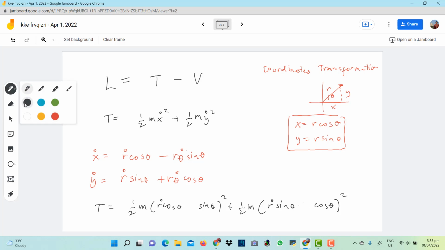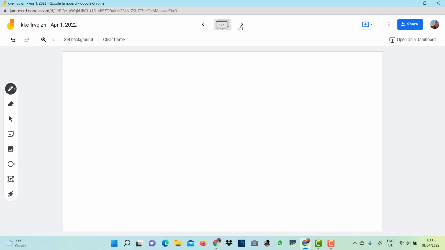Minus this one, r theta dot, and here it is plus r theta dot. If I simplify this, you will get T equal to, I factor out the 1/2 m.